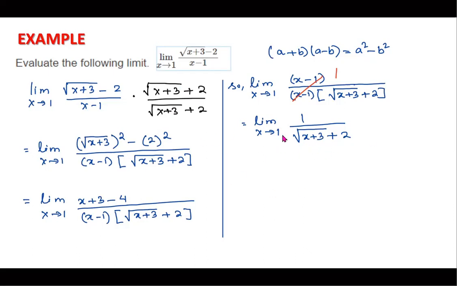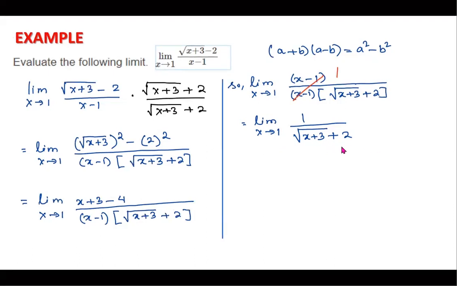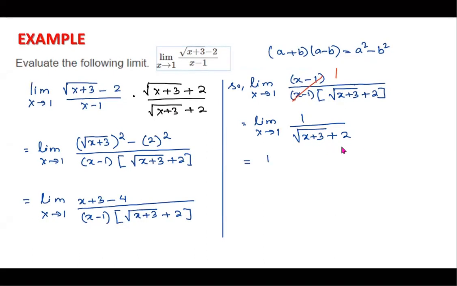You can plug in x equal to 1 here and get the result, because this will not make 0 anymore. So this will be 1 over square root of 1 plus 3 plus 2, which is equal to 1 over, 3 plus 1 is 4, and square root of 4 is 2. So we have 2 plus 2, which is 1 over 2 plus 2 is 4. So the limit is 1/4.